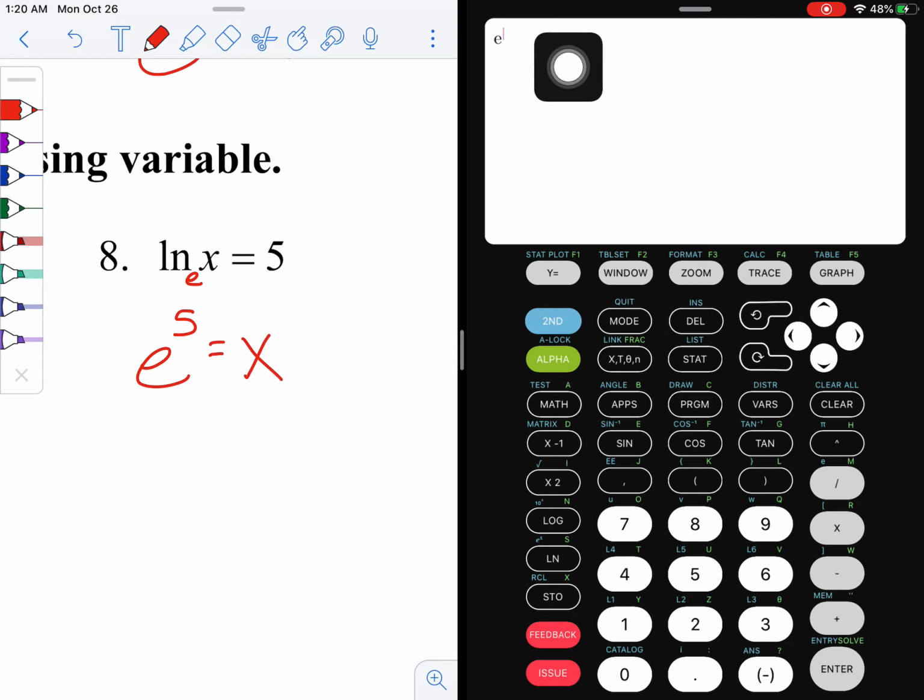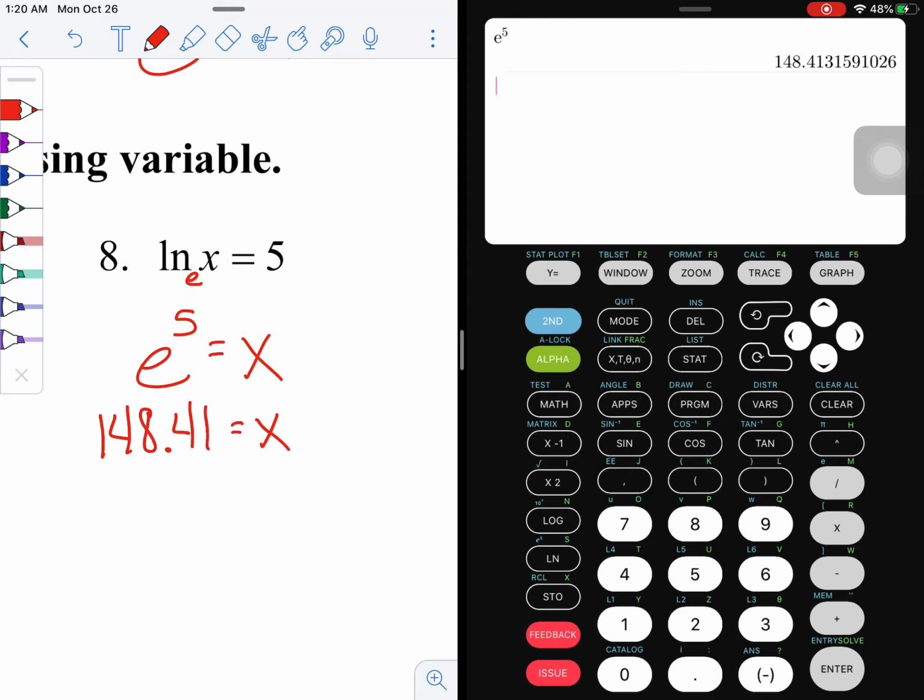And it's already popped up into the exponential, into the power location. So e to the 5th. And I'm going to set that equal to. Clearly, I don't want all of those values. So let's say it's rounded off to 2 decimal places. So 148.41 is equal to x, approximately. So actually, let me write that as an approximation.